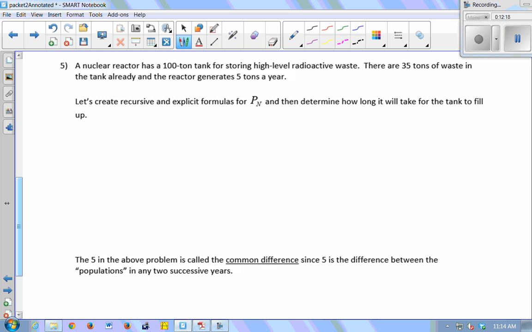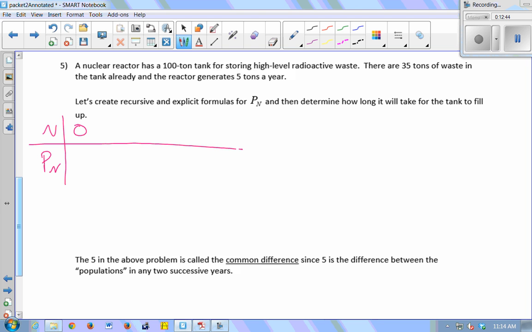So first, let's make a little table. If I have n, P sub n, when n is 0, how many tons are in the reactor at time 0? 35.